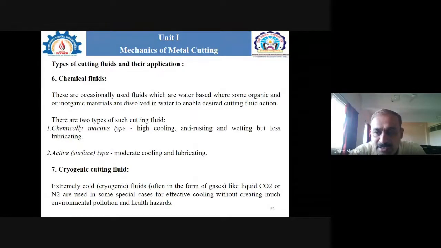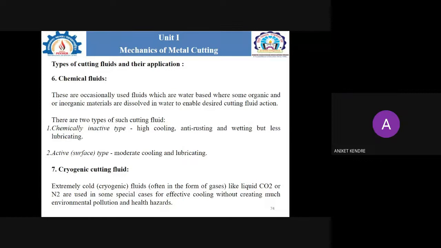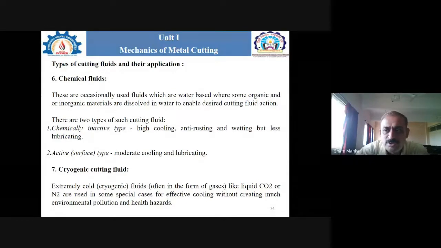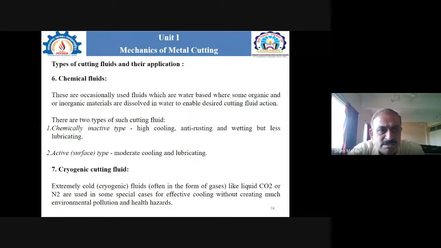Yes, correct. That is there. Again, apart from that, anyone would like to add? Himanshu, Aniket, Rutuja, Deepak. Yes, sir. What is the important factor which must be considered whenever we select the cutting fluid?